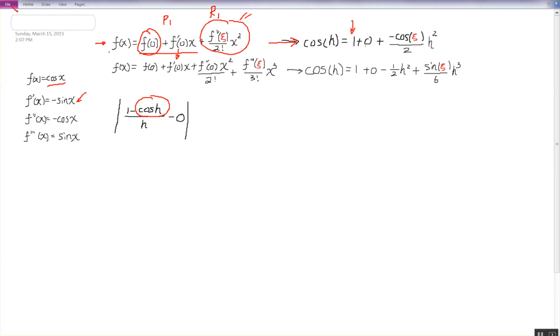And now let's look at the remainder term. Here, this is xi. So f double prime is negative cosine, and therefore I have negative cosine xi divided by 2, and because we are talking about h here, I just plug in h squared.